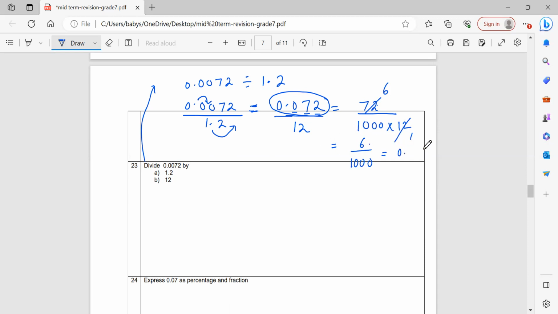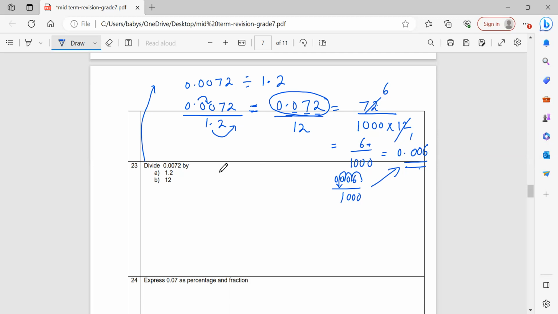So you will be getting 6 will be here, 0, 0. So 0.006. So 3 places the hypothetical point shifted. So you have to put some 0 padding, extra padding, and make it 0.006. The point which is here will jump by 3 places and you will come here, which is 0.006.